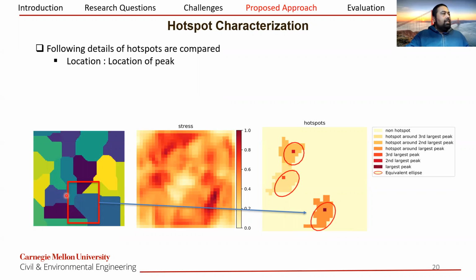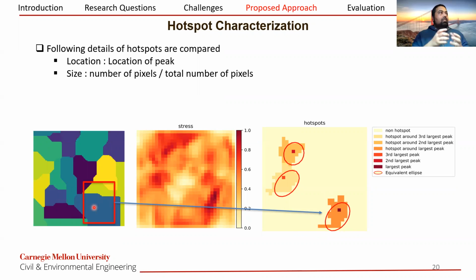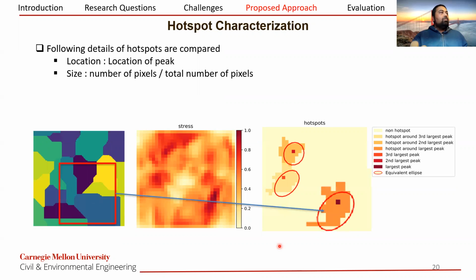Otherwise, we might be focusing on the wrong features. The second thing was the size. The size represents simply the number of pixels inside the image of the hotspot. The reason for this was that if the size is very large, we might be considering very large regions, and this is what we don't want.